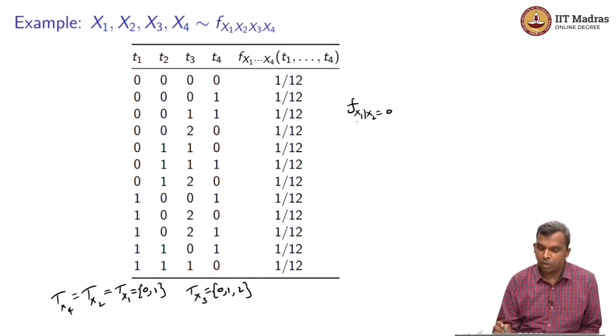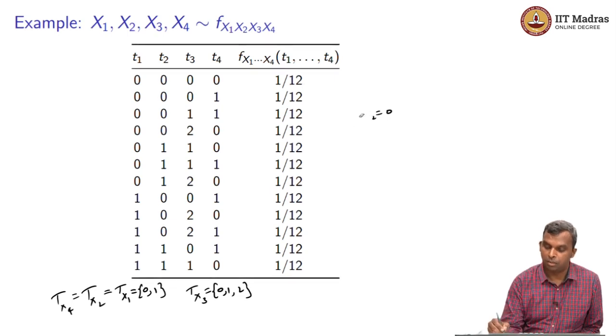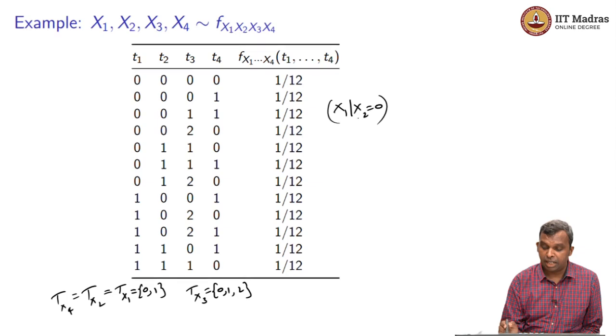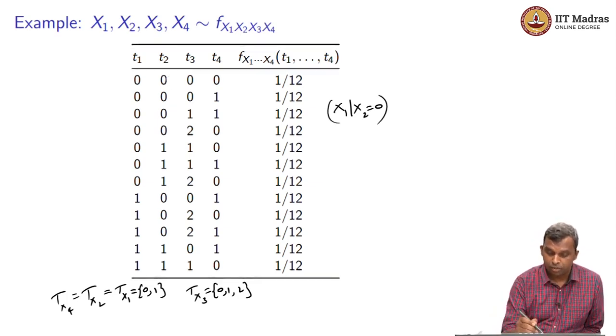And then I'm dealing with conditioning here, so let's say I want to look at x1 given x2 equals 0. Let me not write down the PMF here. Given x2 is 0, it's enough to look at the case where x2 is 0.